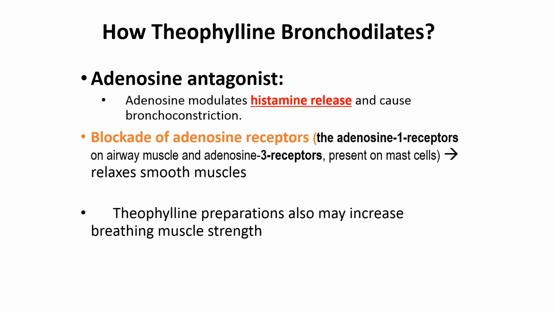Methyl xanthines block the adenosine receptors, particularly the adenosine 1 receptor, which is present in the airway smooth muscles, and the adenosine 3 receptors, which are present on the mast cell. So this blocking of adenosine receptors will relax the smooth muscle and also inhibit the histamine release.